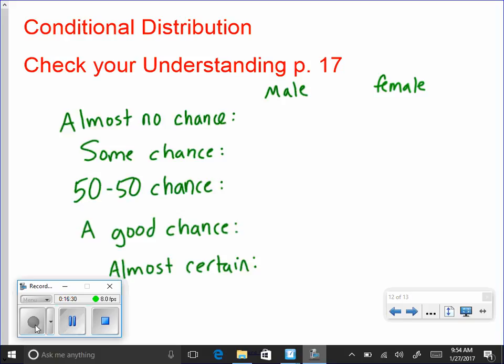For this one, to do your conditional distribution of gender among each of the other 4 categories, you can see here I've got the 4 categories listed and I've got gender. Since it's among the other 4 categories, that's where our total will come from. So almost no chance, the total for almost no chance is 194. The females are 96 out of 194.